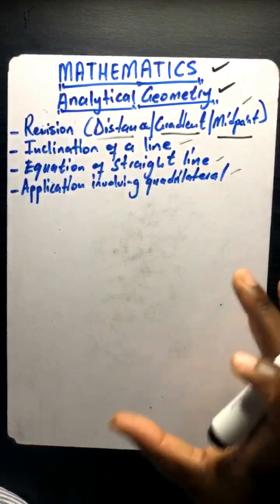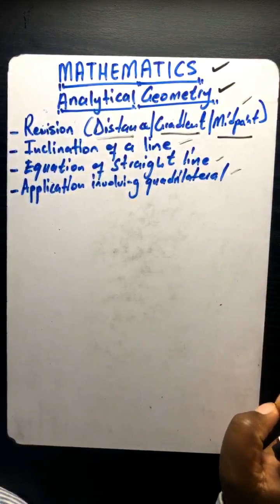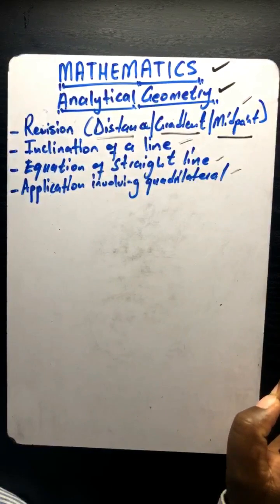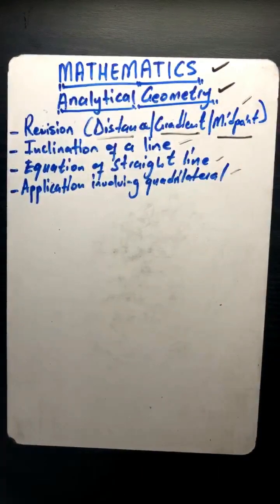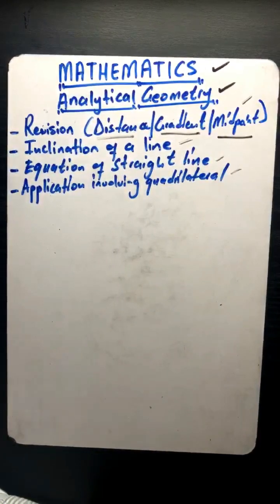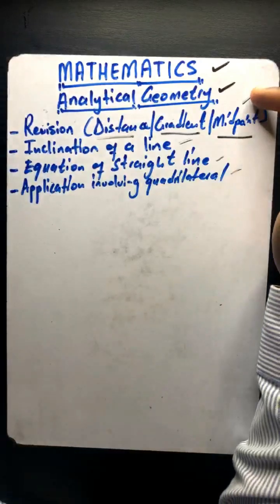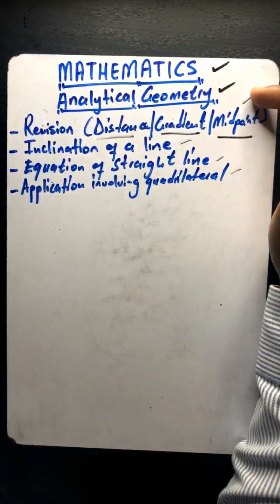Remember, guys, this same lesson that I'm doing today is exactly the same lesson that I did yesterday for grade 12s. Meaning, when it comes to analytical geometry, the content is the same. What differs is the complexity of questions asked in the exam. So in this same lesson, you might have some grade 12s attending, because what you need to know in this part of analytical geometry is the same.